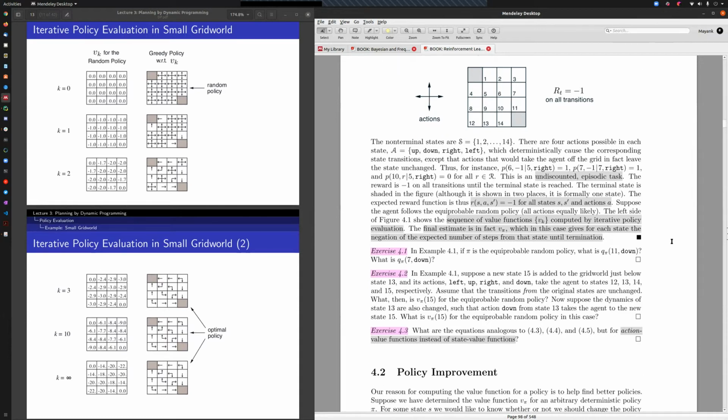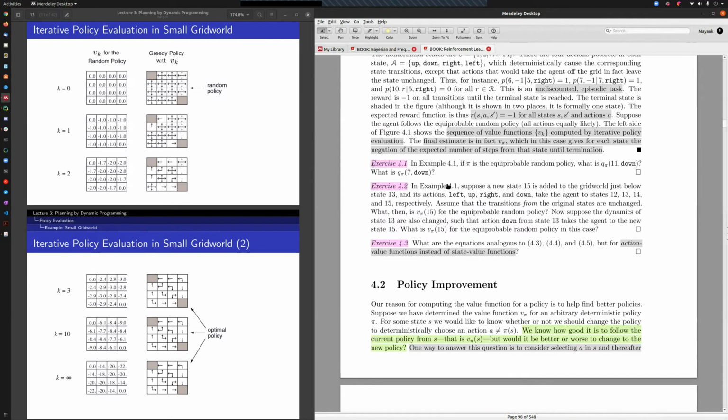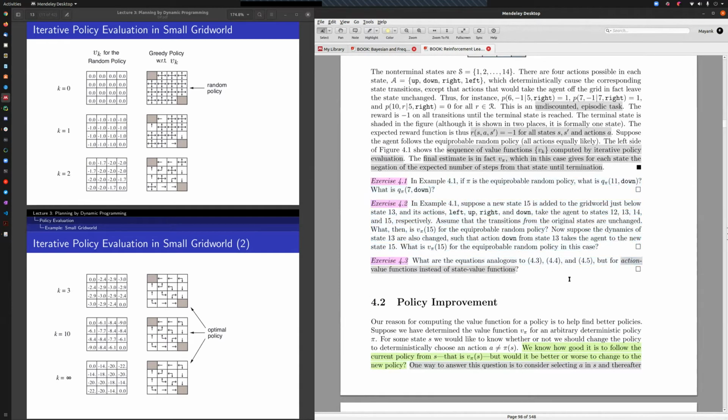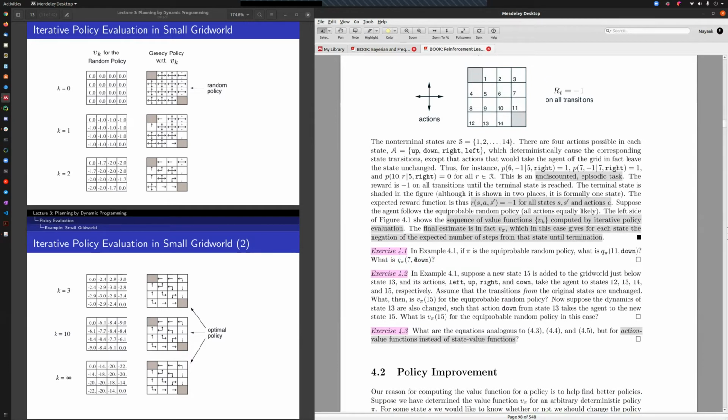Cool. And these three exercises are easy too. In 4.1, this is the policy, the Q action pair of 7 down and 11 down. What will be the values here?